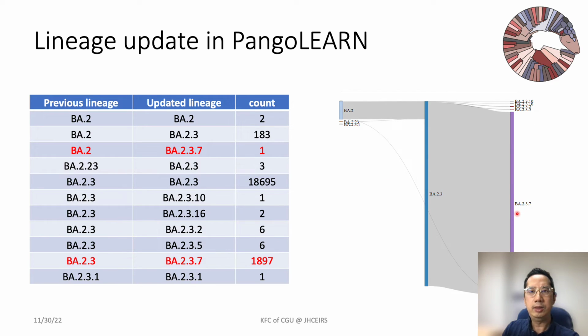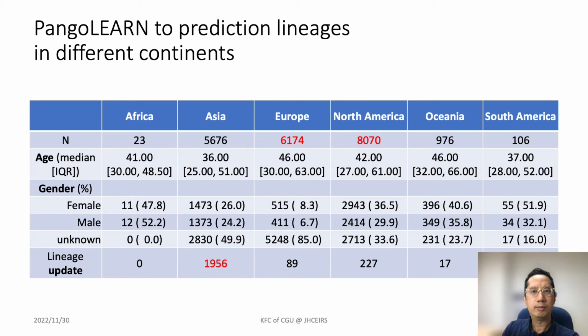Then we can see that most BA.2.3.7 comes from BA.2.3, and some of the BA.2.3 comes from BA.2. And the distribution of this lineage is very interesting in the world as well. As you can see here, most of the lineage updates happened in Asia, but it also happened in the rest of the world.